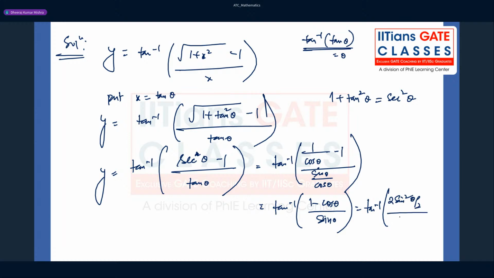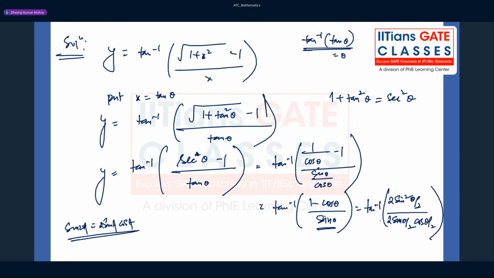Upon, you can write this sine theta as, we know that sine 2a equals 2 sine a cos a. Everybody must be familiar with these formulas. So sine theta can be written as 2 sine theta by 2 cos theta by 2.